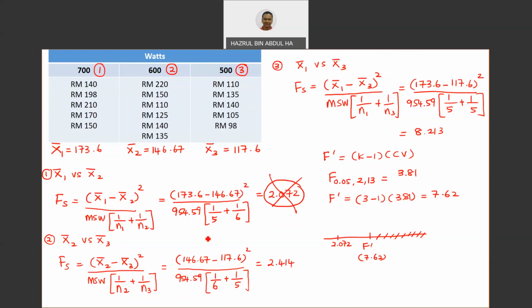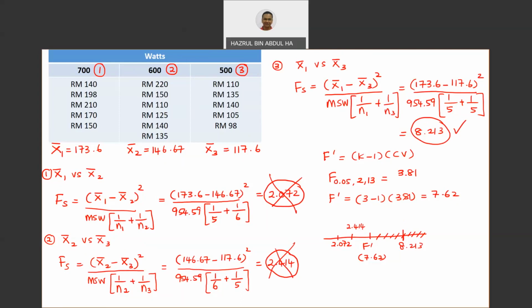Now for the second comparison, 2.414 is somewhere here, meaning that there is no significant difference between the mean for the second group and the mean for the third group. And for the third comparison, 8.213 is somewhere here, meaning that the mean for the first group and the mean for the third group are significantly different.